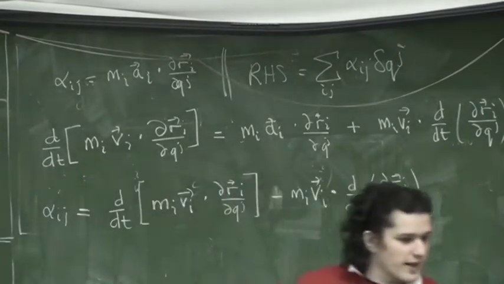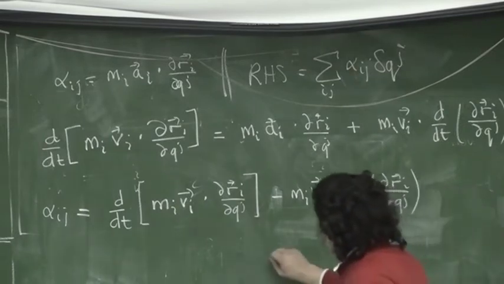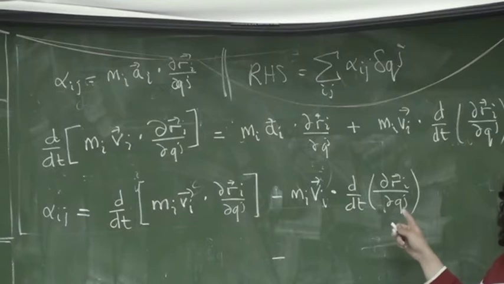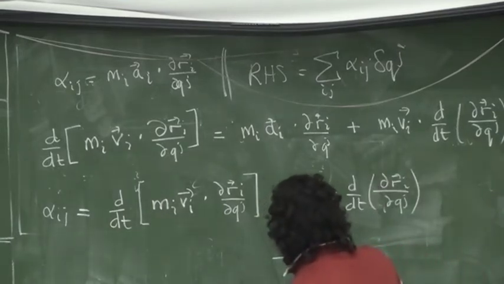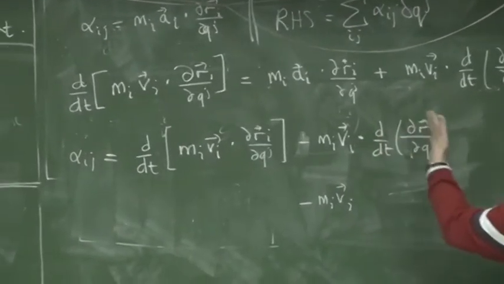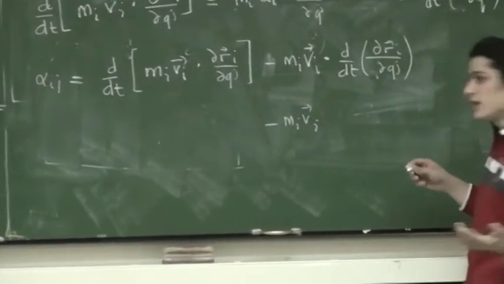Right, this looks like one of the identities. Indeed it is. Which identity deals with this problem? Number 3. So by identity number 3, mi vi d by dt del ri del qj is simply del vi del qj. Right?